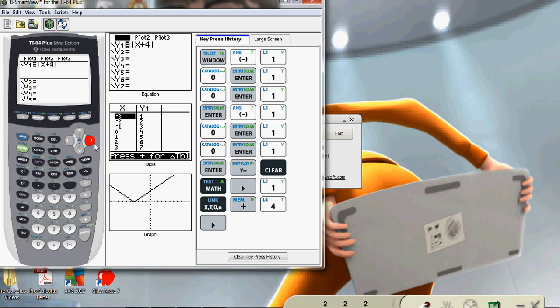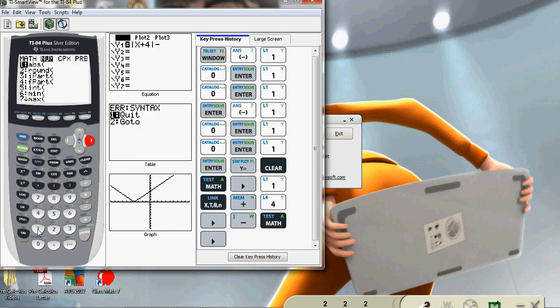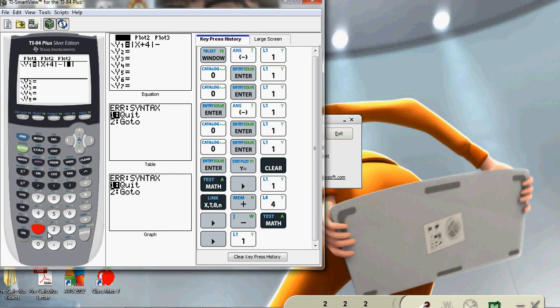Mine has a little bit of an advanced thing going on here, so I just get out of the absolute values. But then I need minus the absolute value of x minus 5. So I'm going to go back into math, go to the right one. Option number 1 is the absolute value, and that is x minus 5.